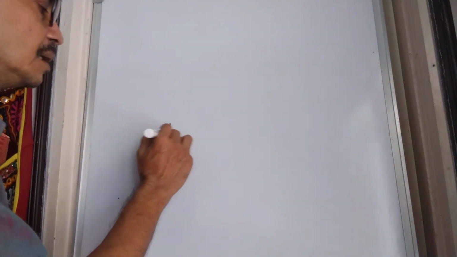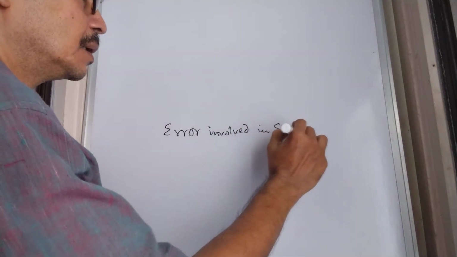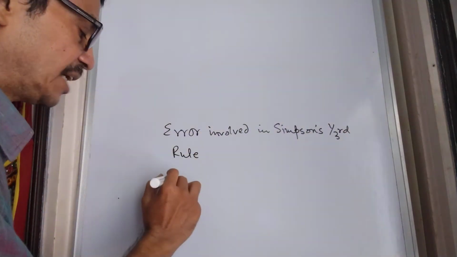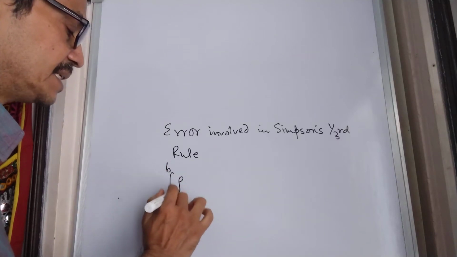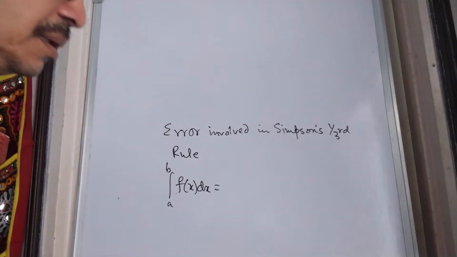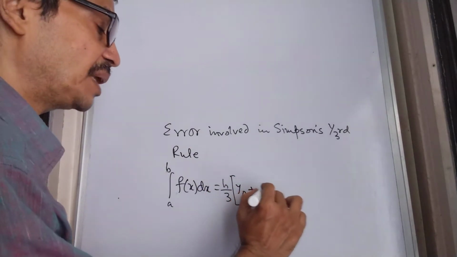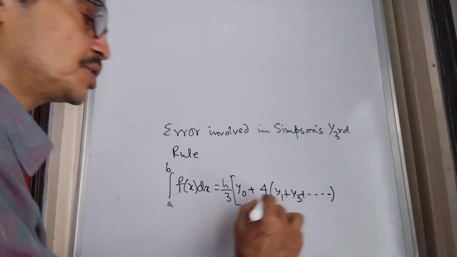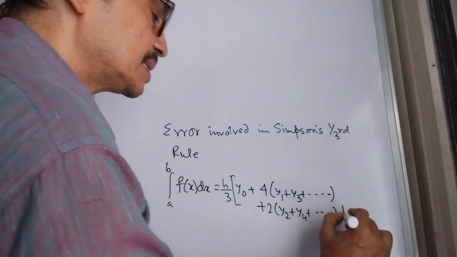I would like to say a few words about the error involved in numerical integration using Simpson's 1/3 rule, which states that if we integrate a to b f(x) dx using Simpson's 1/3 rule, we use the formula like this: y0 plus 4 into y1, y3 and these odd nodes plus 2 into y2, y4, y6 like these even nodes plus yn.